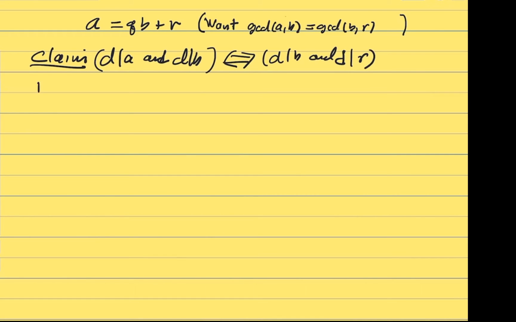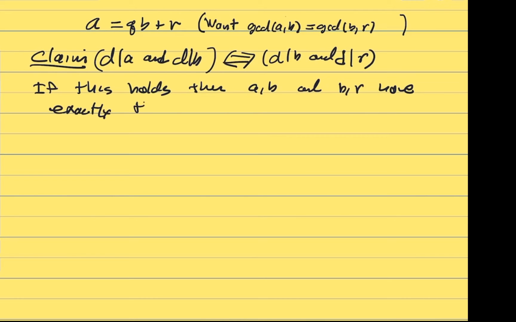So if this holds, then the set A and B and the set B and R have exactly the same set of common divisors.